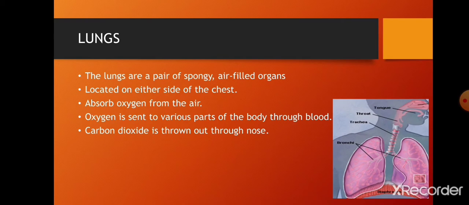This air passes through the windpipe, and when it reaches our lungs, oxygen is absorbed from the air. The lungs absorb oxygen from the air. Then carbon dioxide and other gases are thrown out of the body through nose.